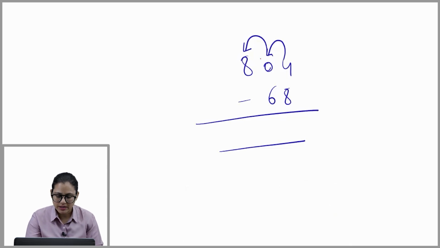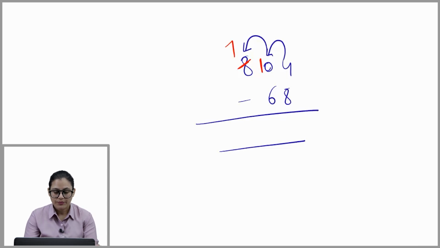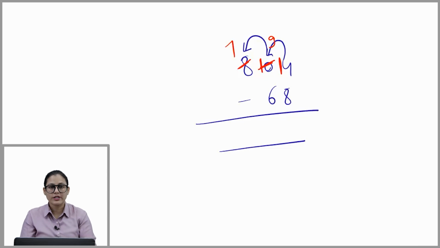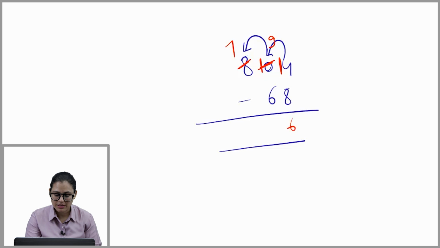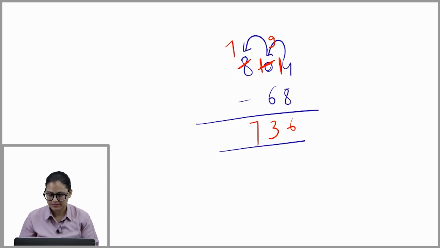It will become 10 tens, and it will become 7. Now, we can easily borrow from 10, so it will become 9 and it will become 14. Now, you can subtract: 14 minus 8 is 6, 9 minus 6 is 3 and 7 as it is.